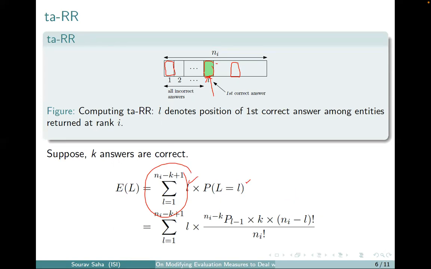The remaining entities can be arranged in the remaining ways, choosing from the incorrect answers, that's n_i minus k permute l minus 1. And the denominator is all the n_i entities arranged in n_i factorial ways. So this is our reciprocal rank.